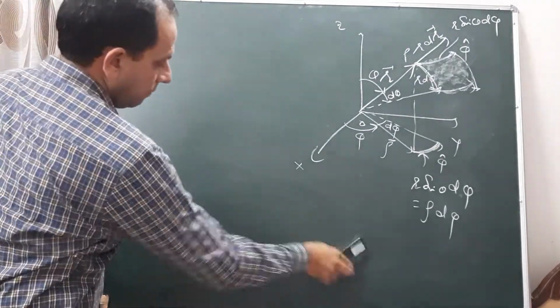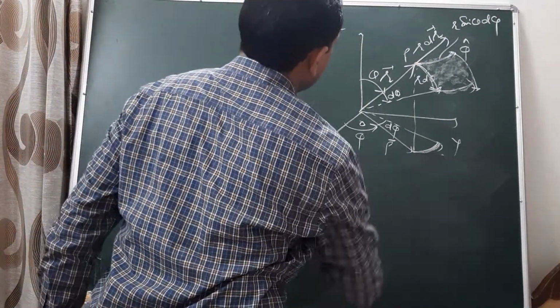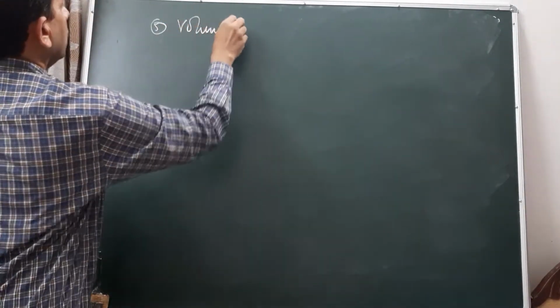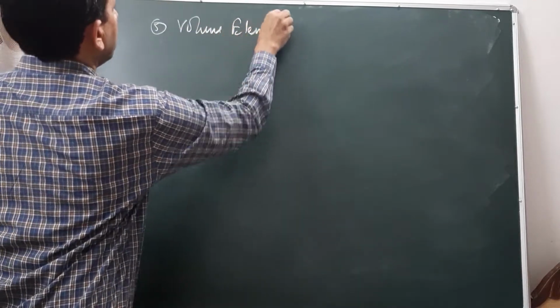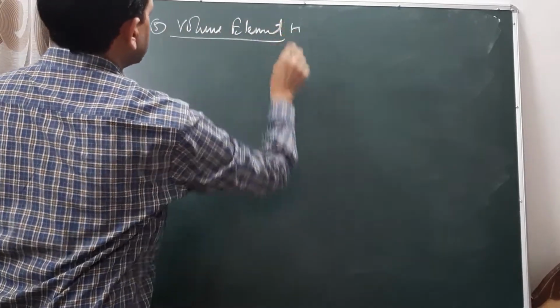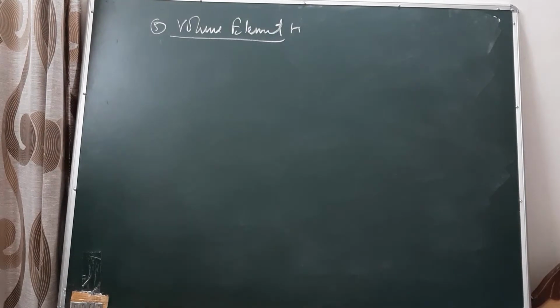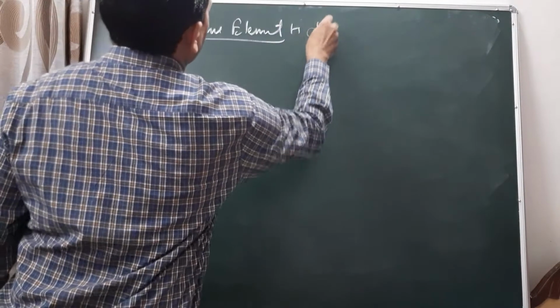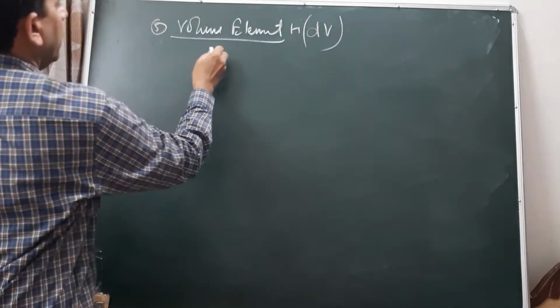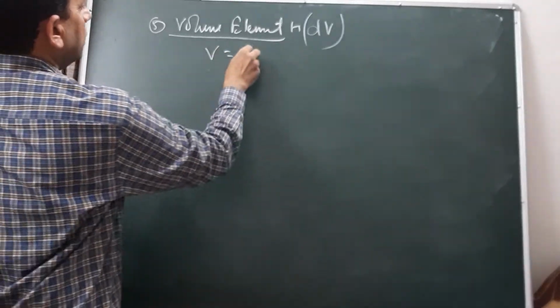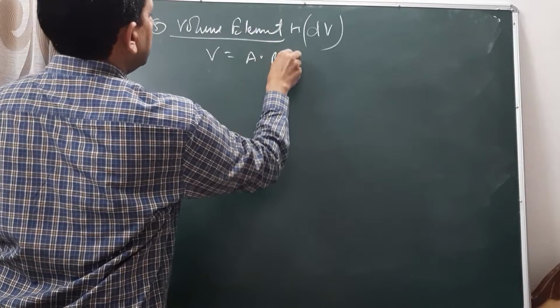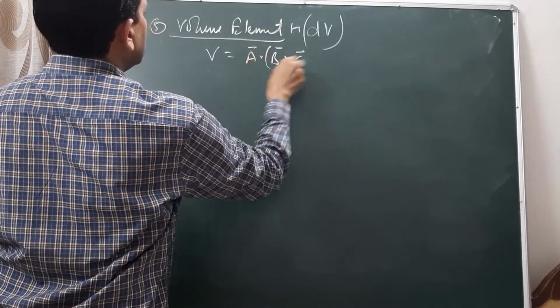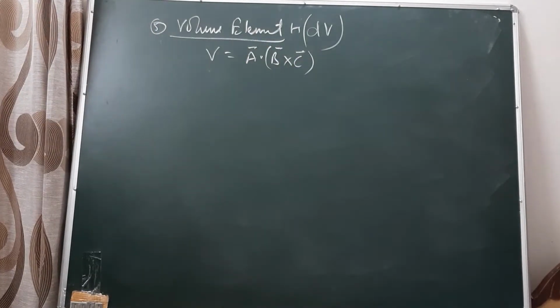Now, you will find the volume element. The fifth one is the volume element. You know that volume is a three-dimensional quantity, and the volume element is small dV, and we know the formula for volume is A dot B cross C. You know that it is the scalar triple product.